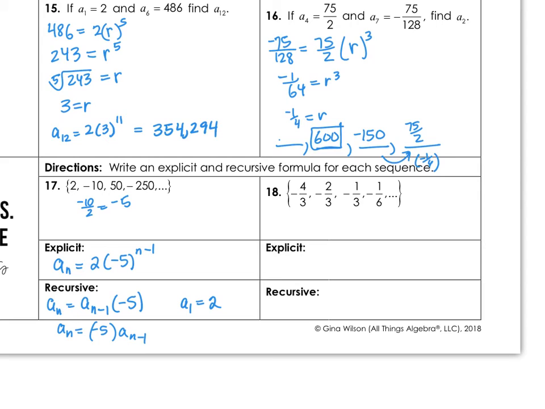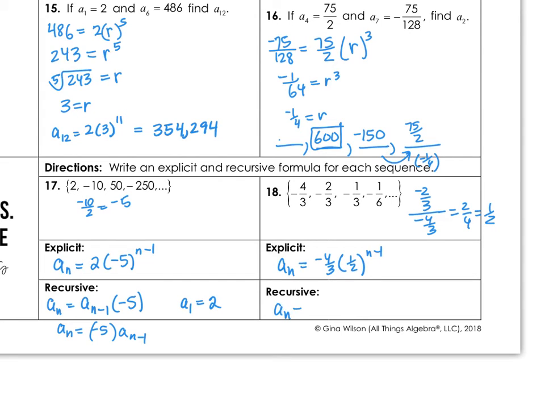On number 18, let's see, this would be negative 2/3 over negative 4/3. So this would give me 2/4, which is 1/2. Okay, so r is 1/2. So explicitly, a sub n would be equal to the first term times r, n minus 1 times.